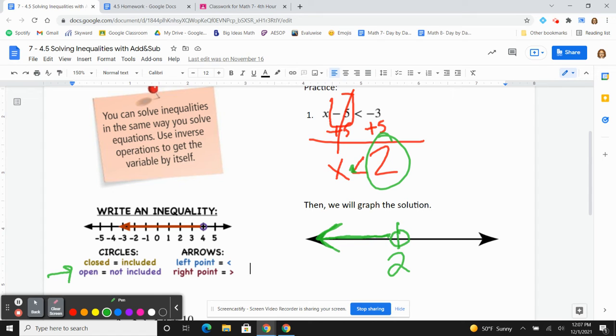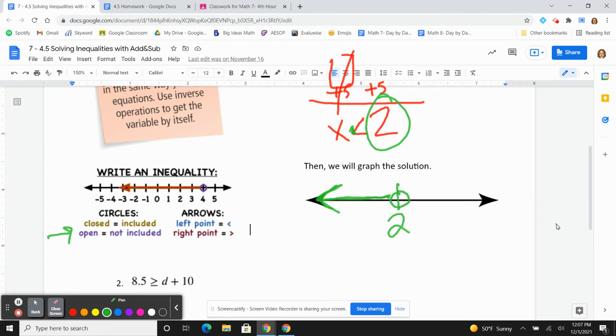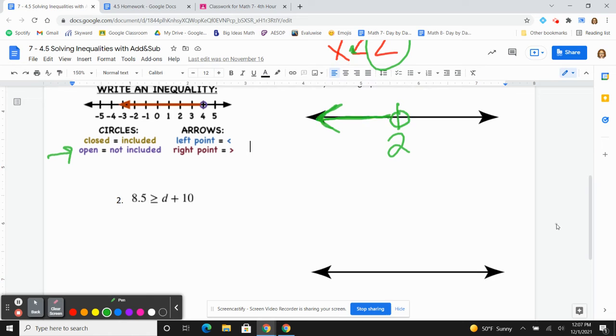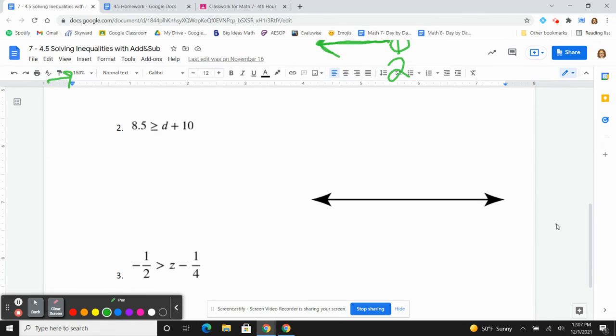Number 2. 8.5 is greater than or equal to D plus 10. We want to get D by itself. So I need to take care of plus 10. How do I get rid of that plus 10, Reagan?